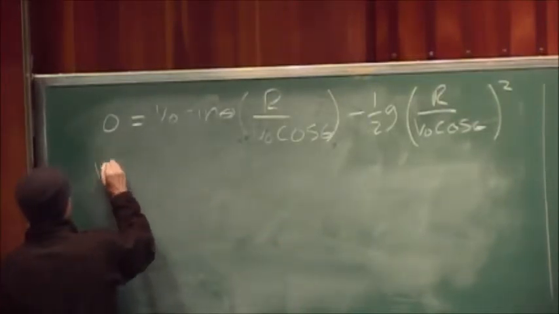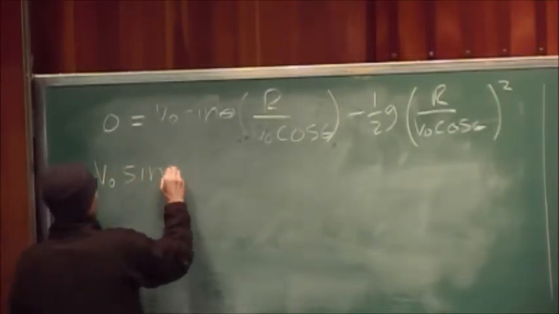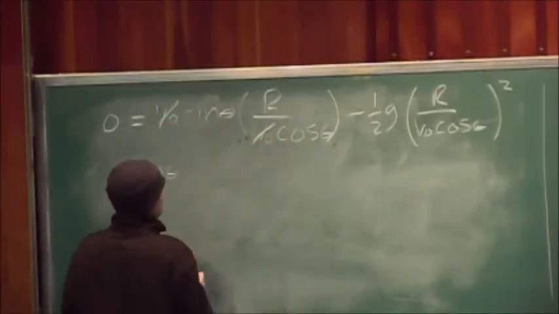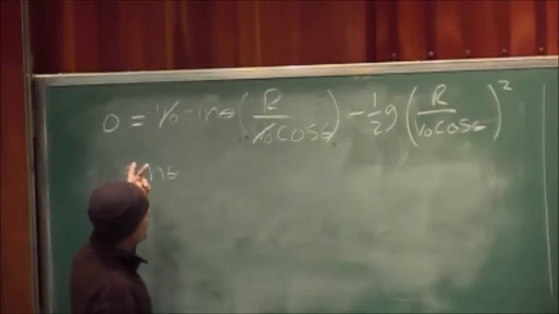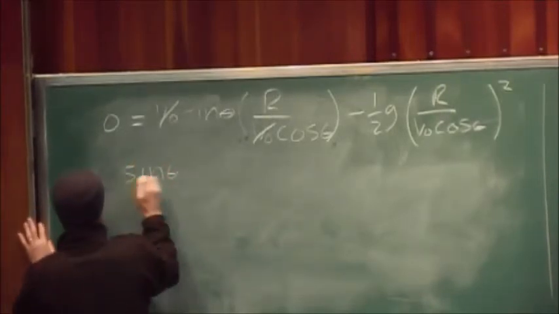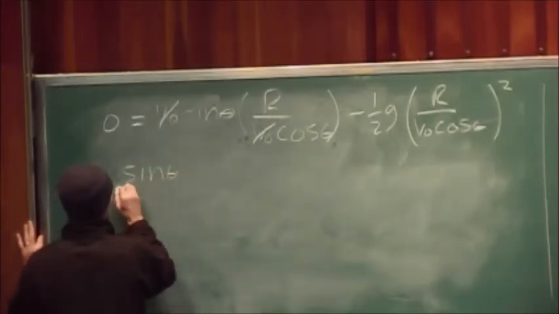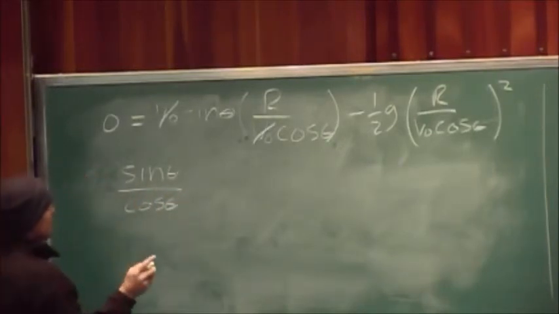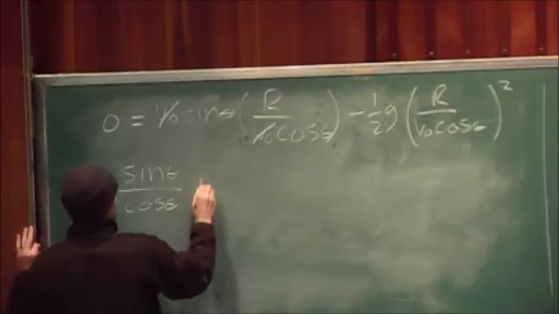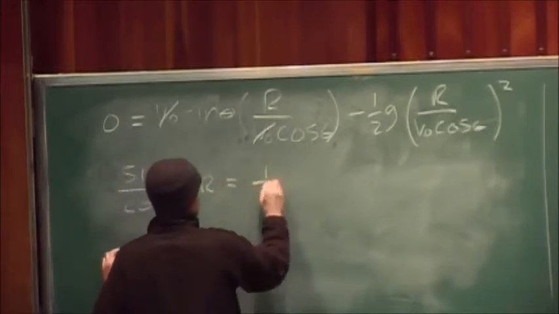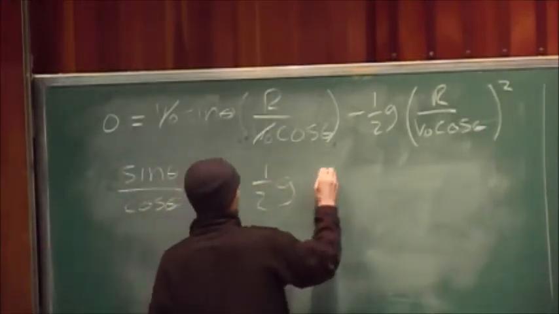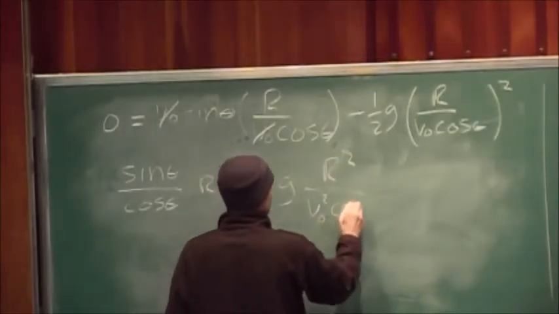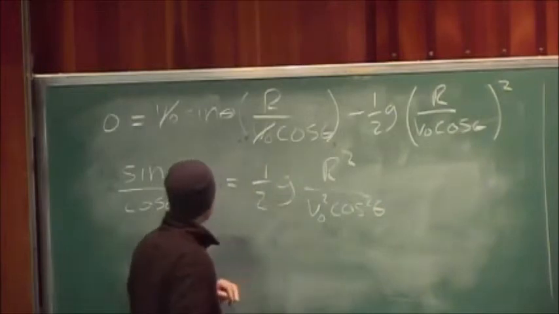So we have sine theta over cosine theta, and I'm not going to make this into tangent of theta, and you'll see why in just a minute. Times r is equal to 1/2 g, and then we get r squared all over v0 squared cosine squared theta.